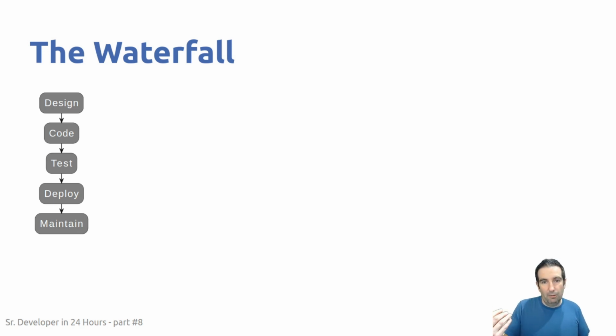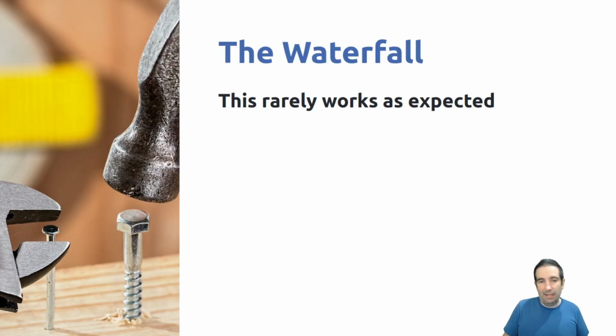But what is the problem? Throughout each of those steps, we're going to run into cases where we have to interact with other teams to get things done. And the truth is, this rarely works as expected.